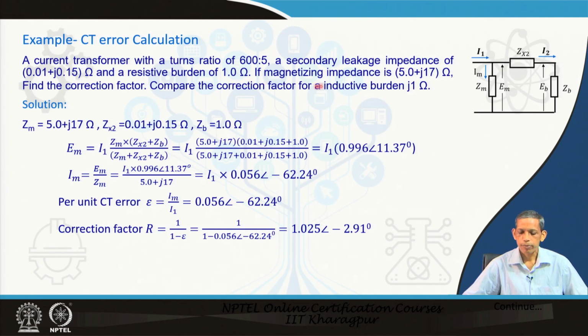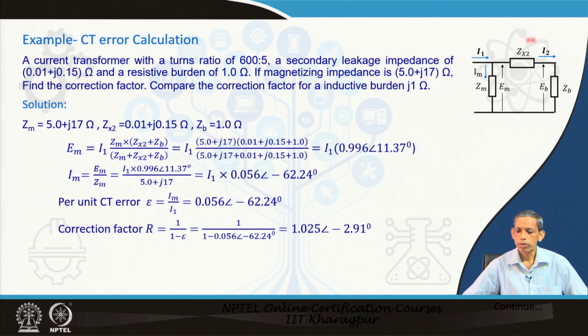If the magnetizing impedance is 5 plus j 17, find the correction factor R, and compare the correction factor for an inductive burden of j 1 ohm. First, we consider the resistive burden of 1 ohm, and then we will go for the inductive burden of 1 ohm.